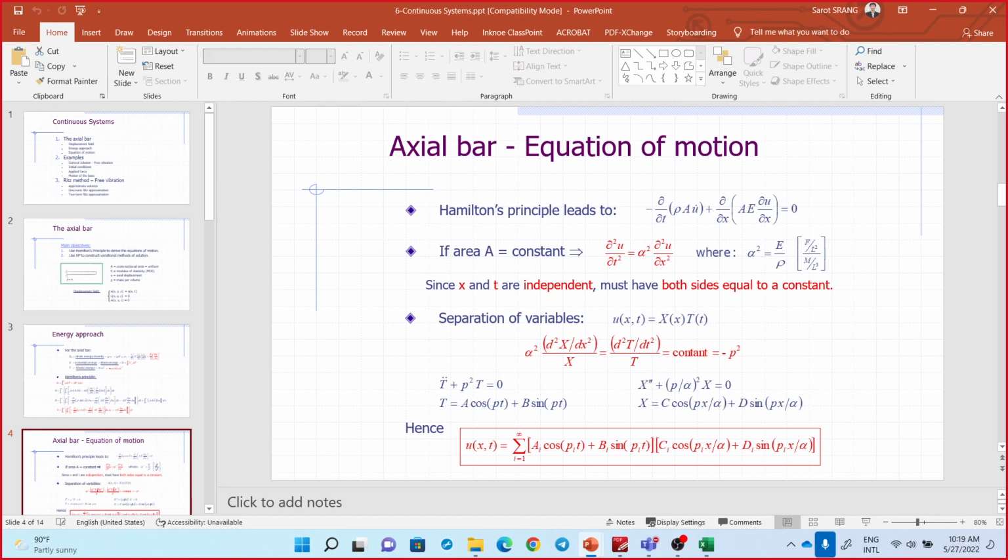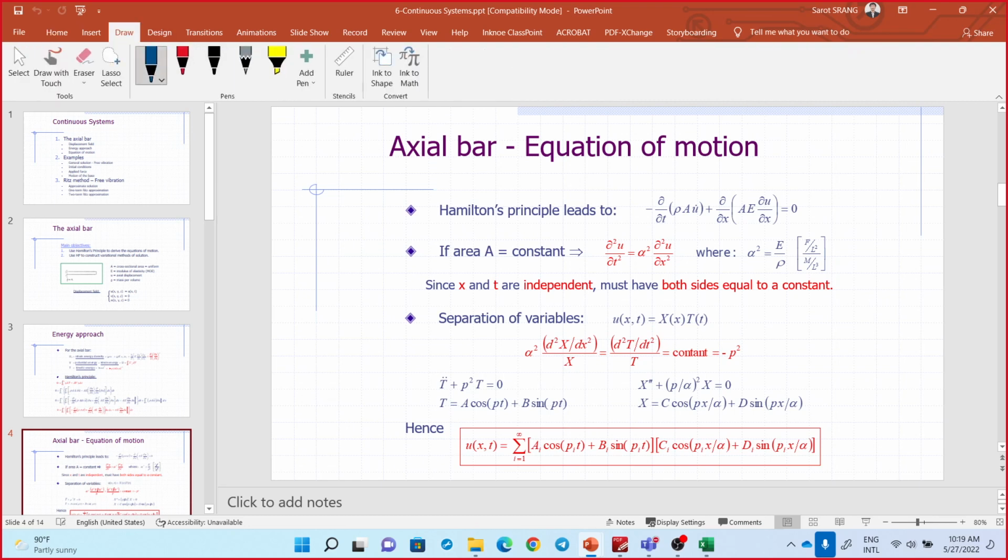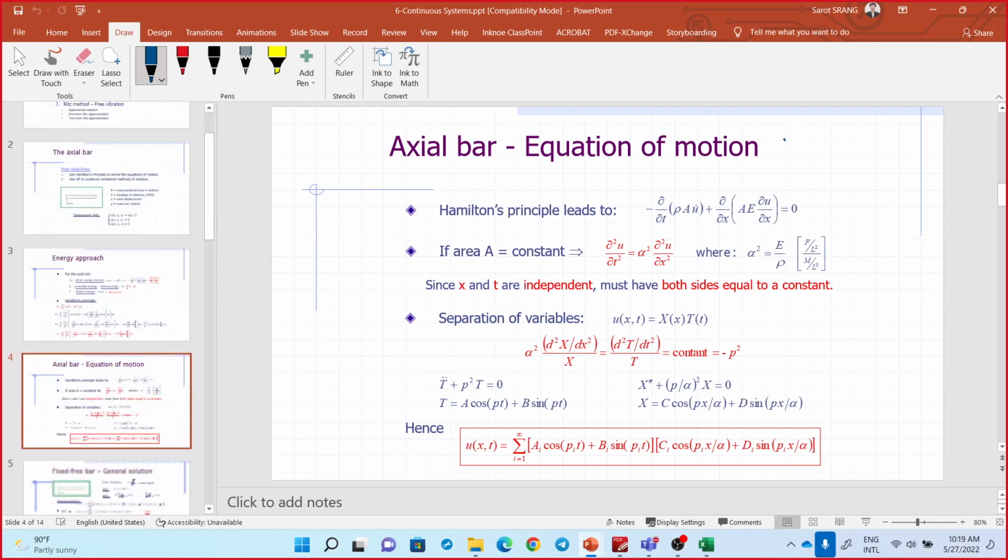let me recall the equation of motion that was derived in the previous lecture. Here, let me explain some variables and parameters again to recall what you have learned before.